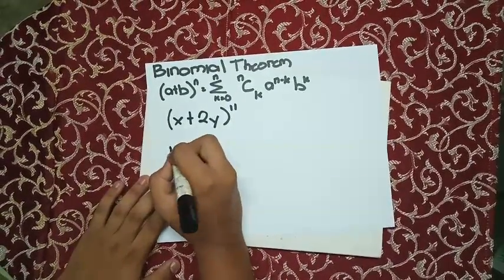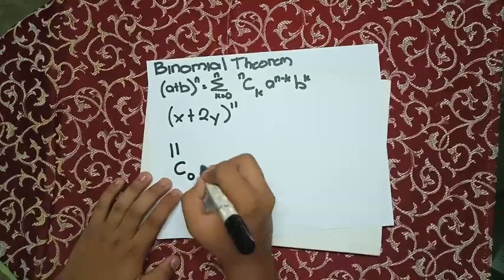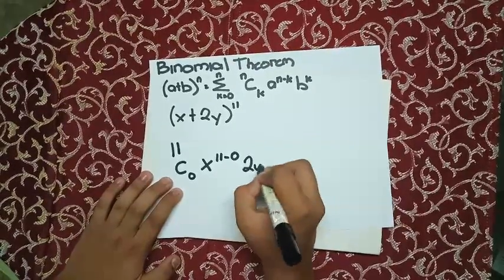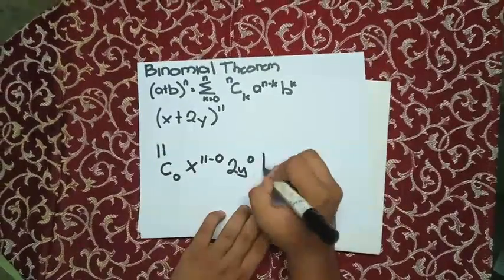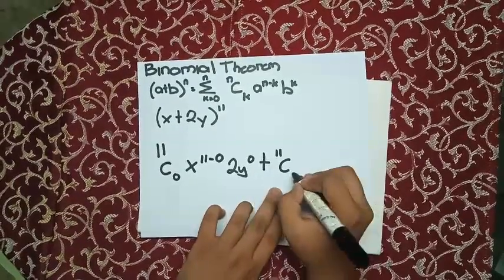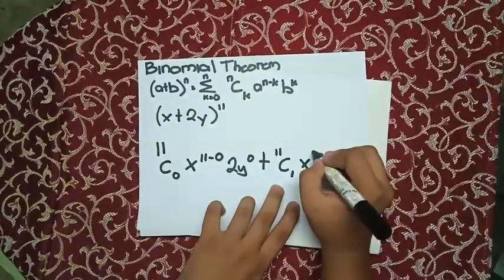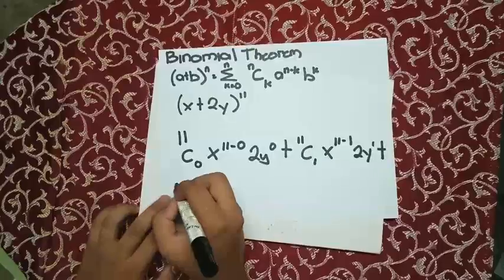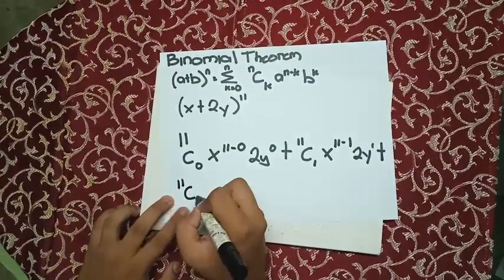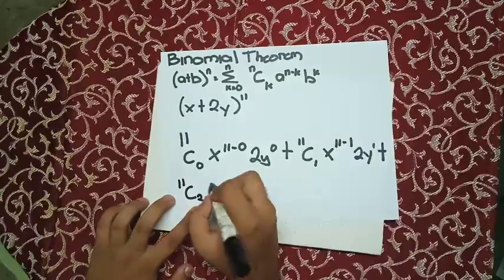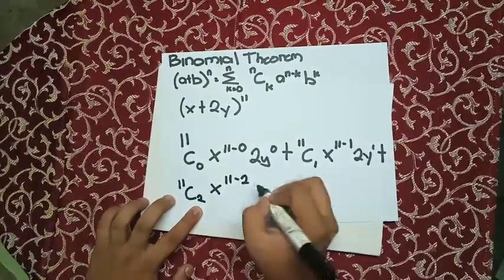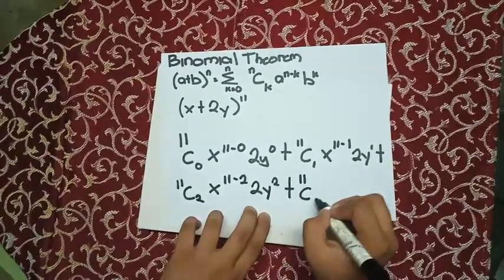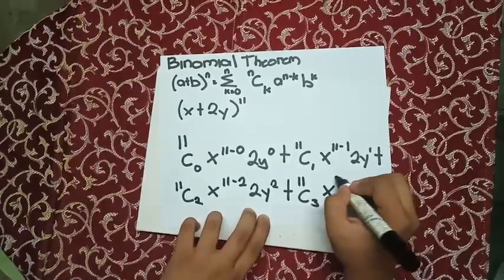Use the formula of the expansion by binomial theorem: 11 choose 0 times x raised to 11 minus 0 times 2y raised to 0, plus 11 choose 1 times x raised to 11 minus 1 times 2y raised to 1, plus 11 choose 2 times x raised to 11 minus 2 times 2y raised to 2, and do it repeatedly until your r is equal to n.